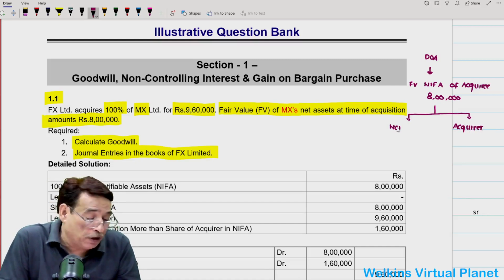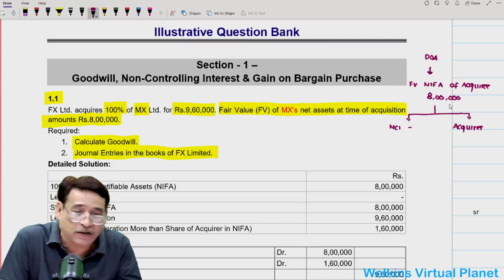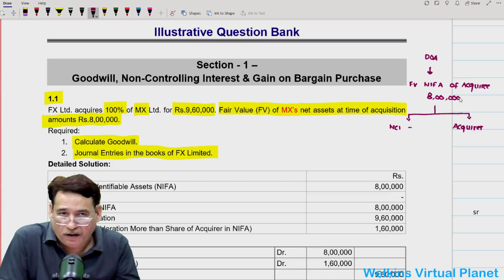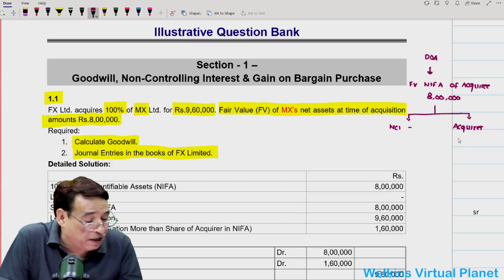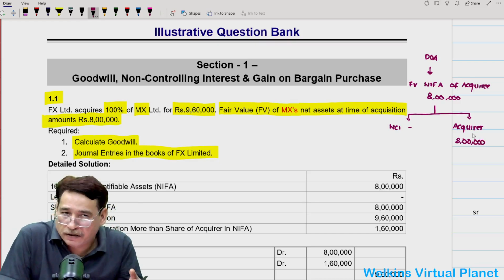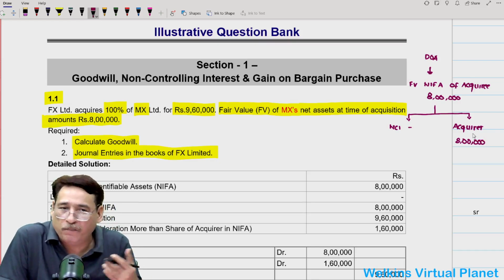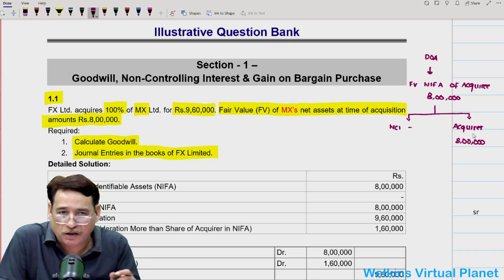Since in this particular question there is no NCI, so I may say whole of the net identifiable asset, that is 8 lakh, belongs to acquirer. So on the date of acquisition, whatever net assets of acquiring company are, all the net assets belong to acquirer, simply because in this question there is no NCI.